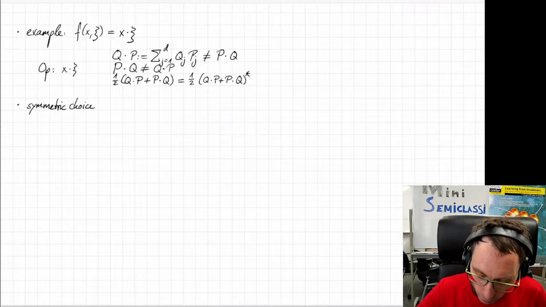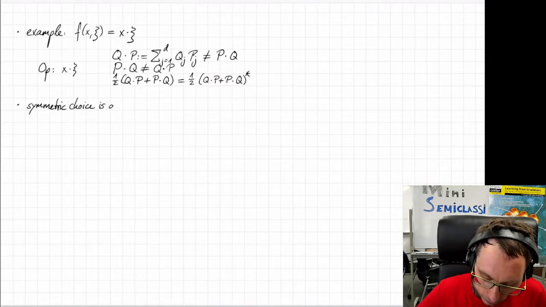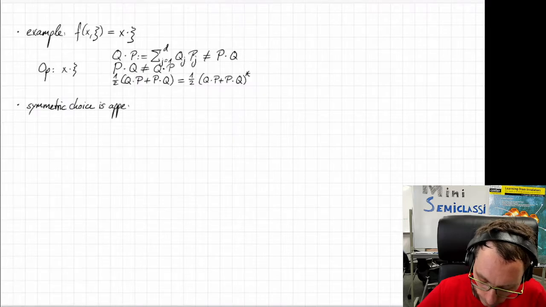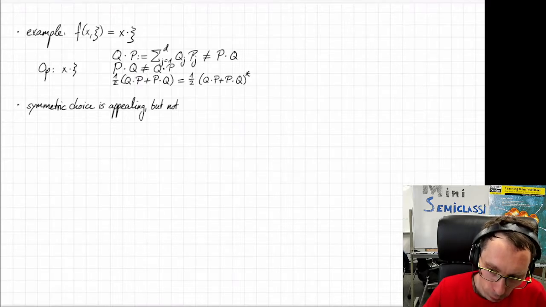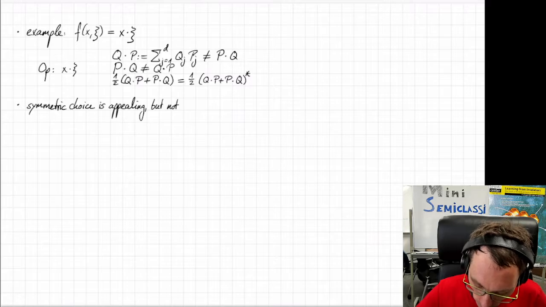So the symmetric choice is appealing, but not the only one. In fact, there exist variants of Weyl quantization that implement different operator orderings, but what is commonly known as Weyl quantization indeed implements symmetric operator ordering.